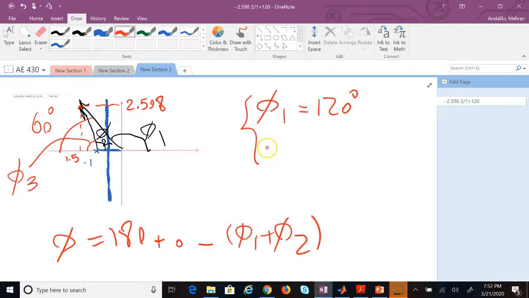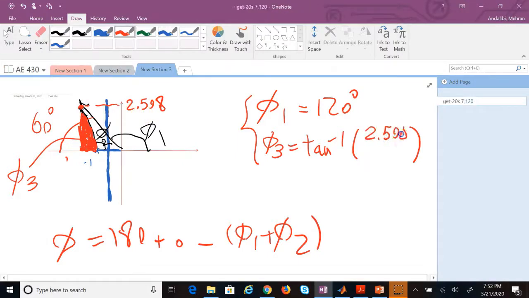So what is phi 3? Phi 3 is tangent inverse of, if you look at this triangle here, the side in front of it is 2.598, and the adjacent side is between what and what?